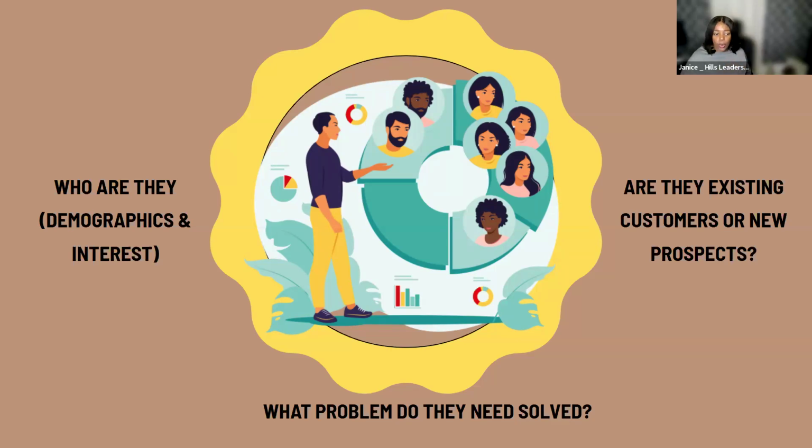The other thing we want to think about is whether they are existing customers or new customers. When we're talking about existing customers, our intention for the email marketing campaign should be on retention, on nurturing and creating loyalty in that group. So in this scenario, we probably are not going to give them a lead magnet, because that's already done.